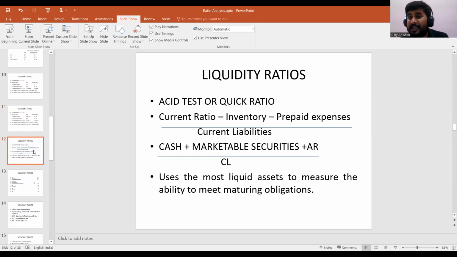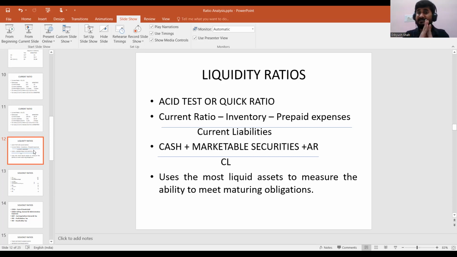So first of all, they exclude inventory and prepaid expenses from your current assets. Why inventory? You cannot liquidate your inventory in a very short period. If you want to liquidate your inventory today, you have only one method in the world. Put a 50% sale discount or 60%, people will throng in, and then you will incur losses.